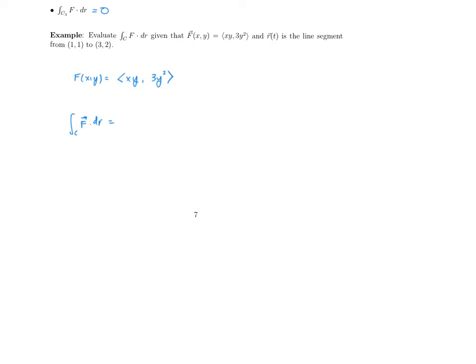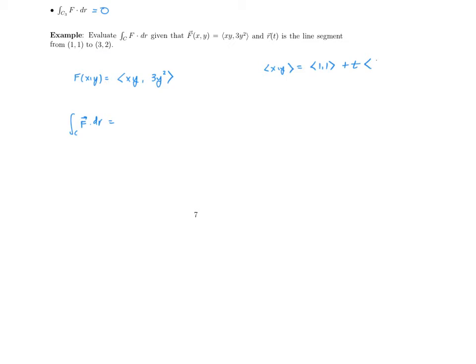The first thing we need is a parametric description of this curve, which is a line segment from (1, 1) to (3, 2). In terms of the vector equation of this line, we have the point (1, 1), plus t times the direction. And we simply think, if I'm at (1, 1), how do I move in order to end up at (3, 2)?